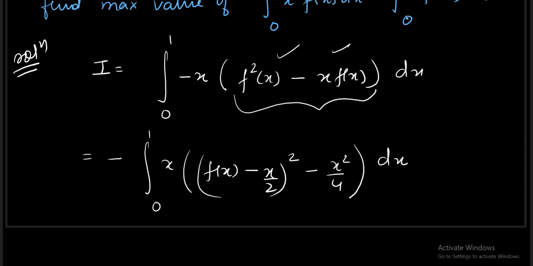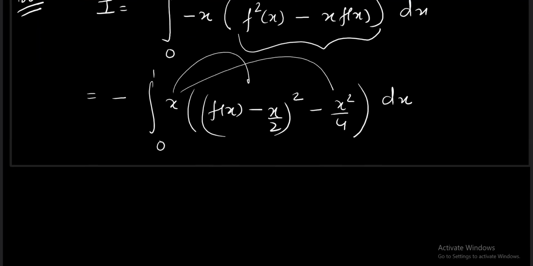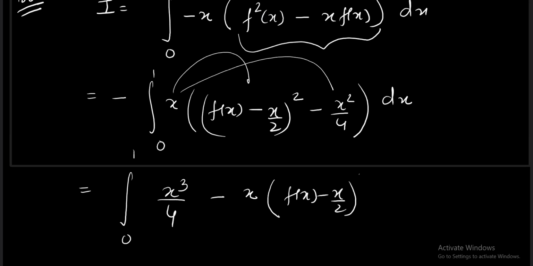Now what to do? In the next step I'm just going to multiply this x inside, and adjust the negative sign as well. It will become integral 0 to 1. If you adjust the negative sign, the first term will become x cubed by 4, while the second term will become x into f x minus x by 2 whole square dx. Correct? This is the integral I.